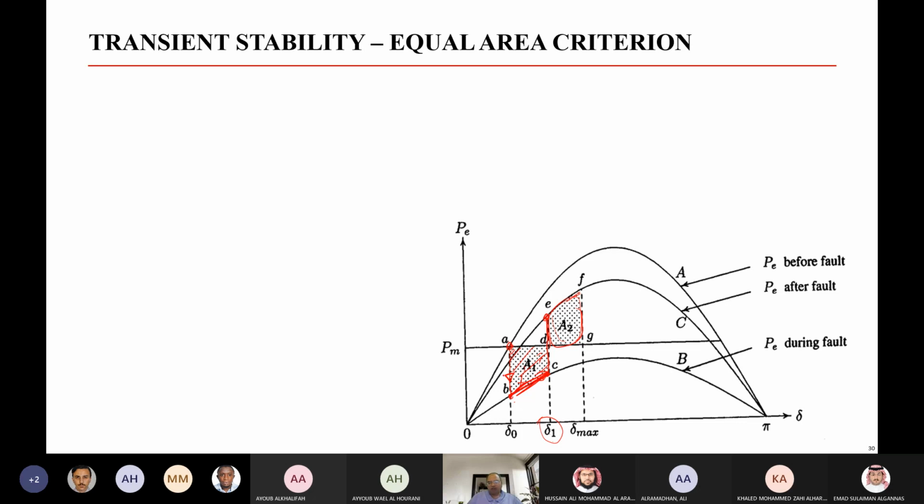And the final destination, where is the final destination of this system? Where is the steady state operating point after clearing the fault? This is the after fault. Ramadan Ali? It is at point E, not E, sorry.